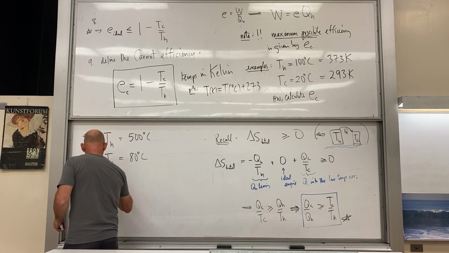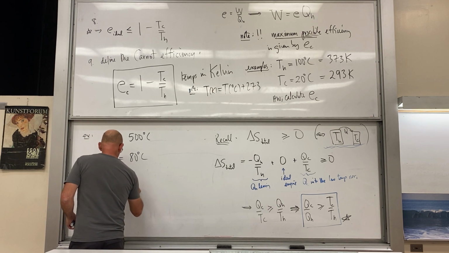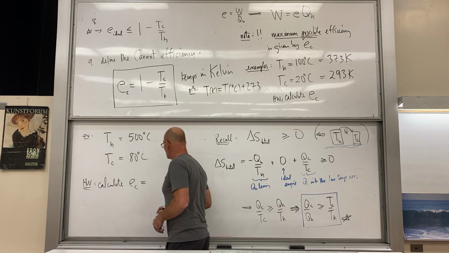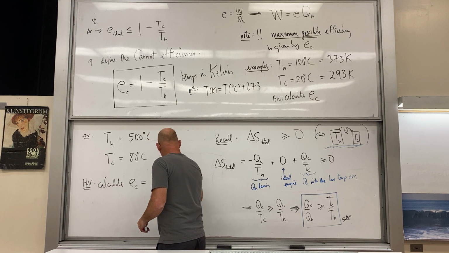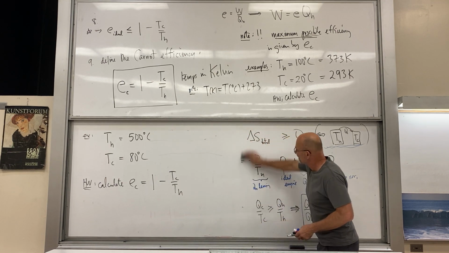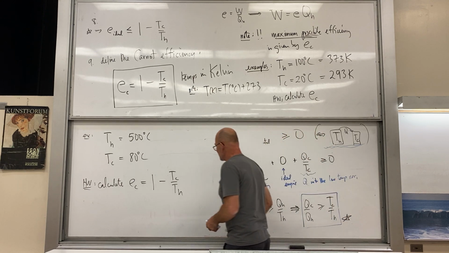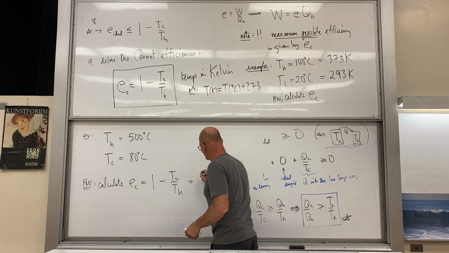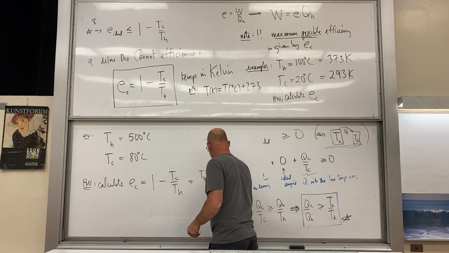Homework, calculate E Carnot. And one thing you can do is, you've got 1 minus Tc over Th. You can get a common denominator and have Th minus Tc divided by Th.